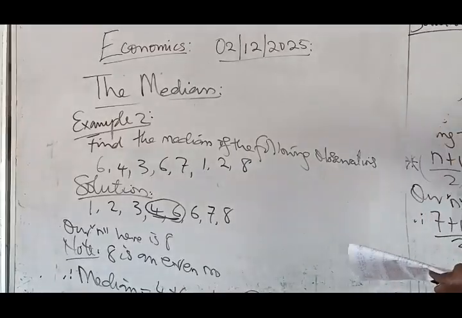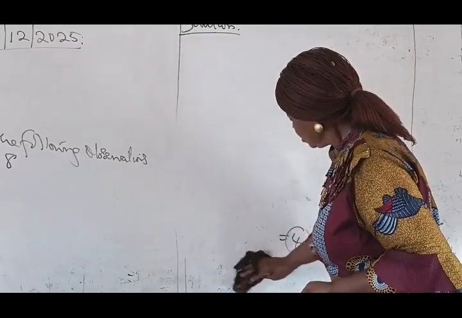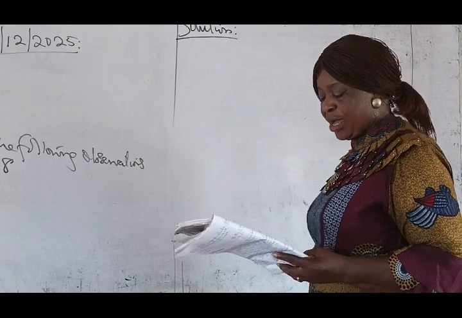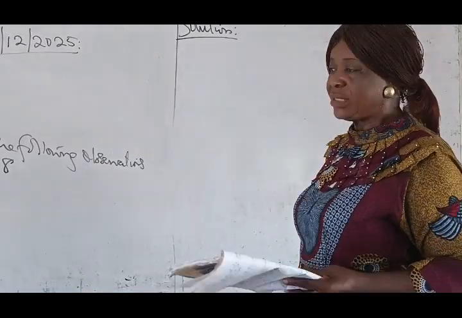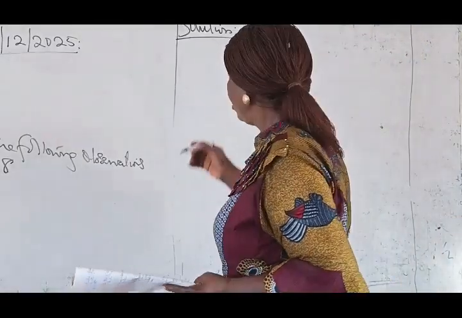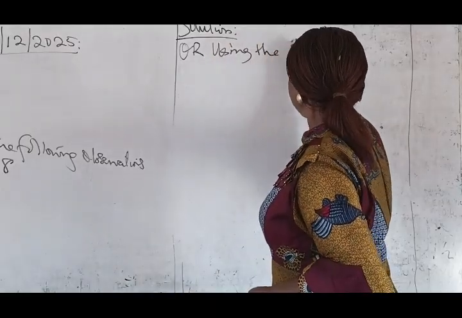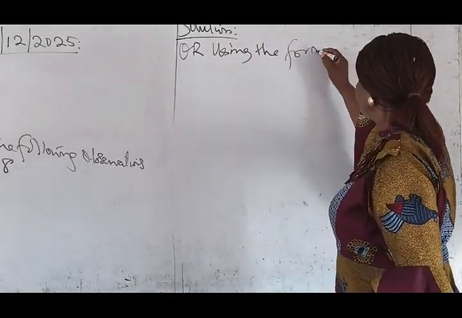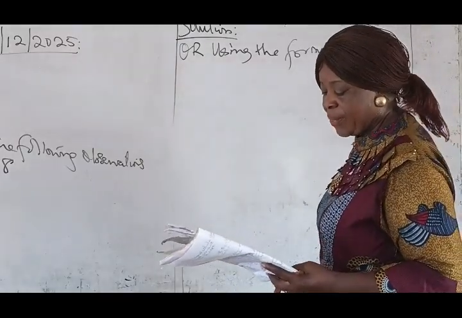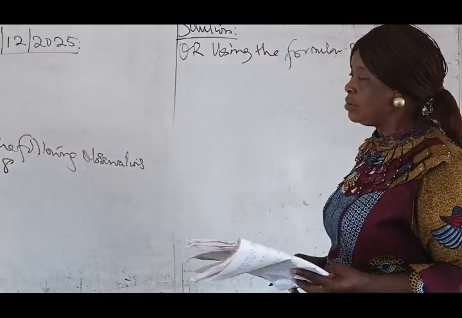But we can equally use the other formula, the one we used before, n plus 1 over 2. Let us still refer to this example 2 and use this formula. Our n is 8.